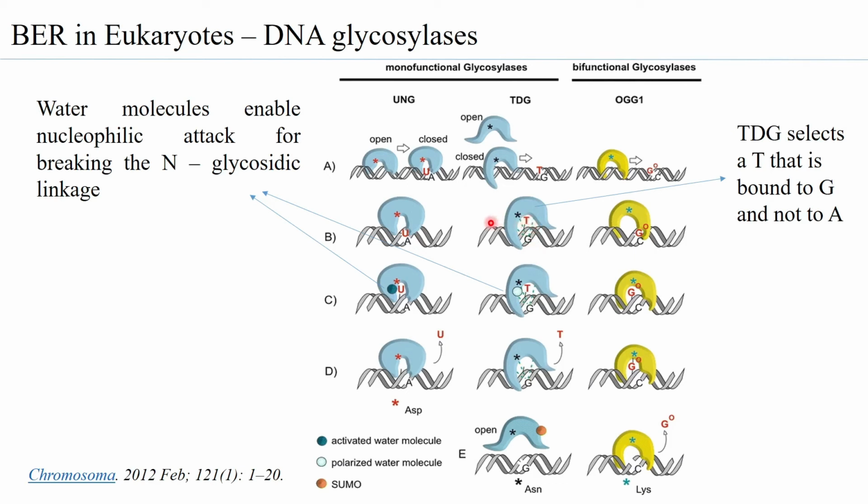So you have several residues present within the microenvironment of the pocket that are not just able to interact with thymine, but are also able to interact with the opposite base, and that interaction enables it to recognize that T is bound to G and not to A. So that conformation that is there because of the TG and not because of the TA is also something that is very specifically observed by the thymine DNA glycosylases.